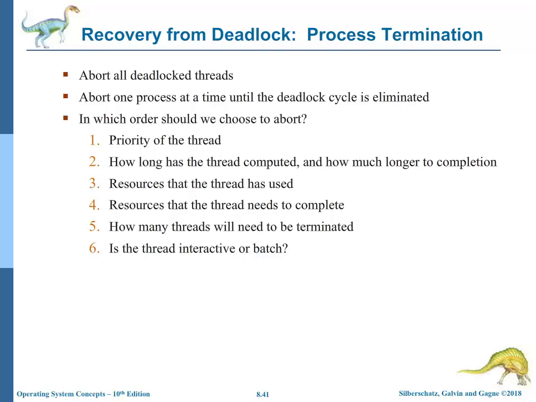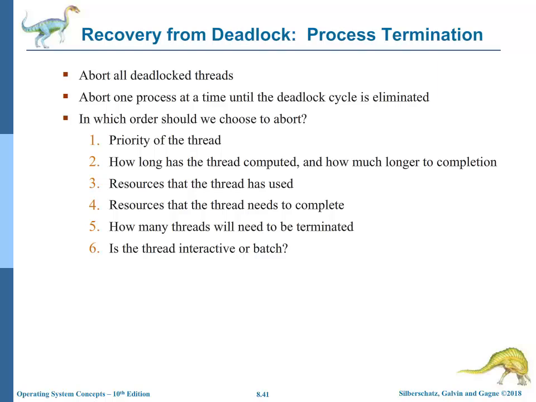The first one is abort all the deadlocked processes. Aborting all the processes will certainly break the deadlock, but at a great expense. The deadlocked processes may have computed for a long time, and the results of those partial computations must be discarded, and there is a probability to recalculate them later.